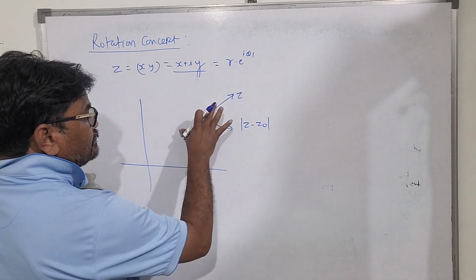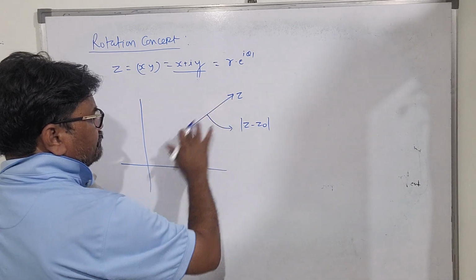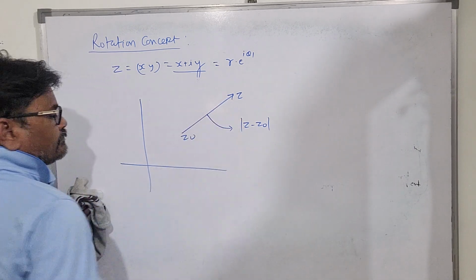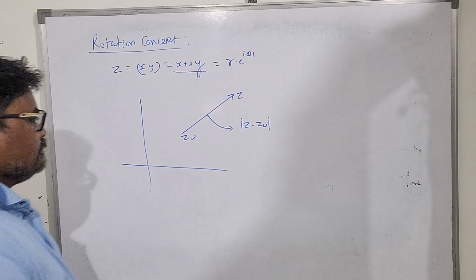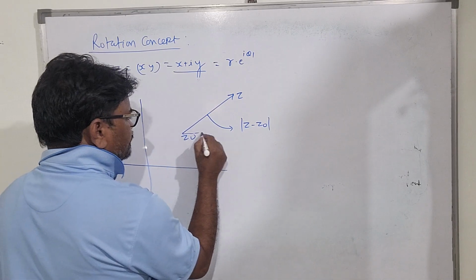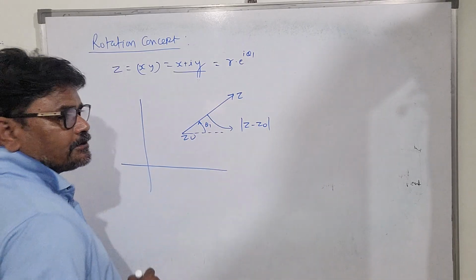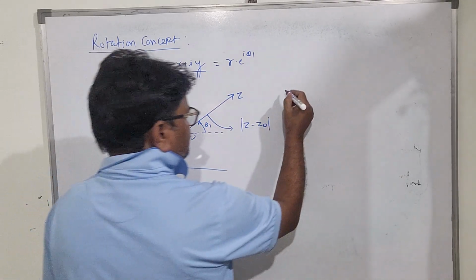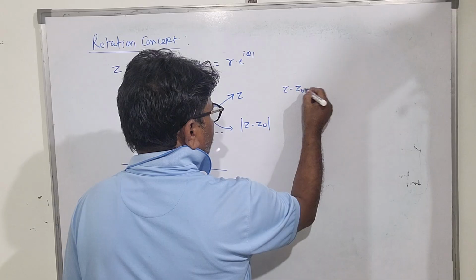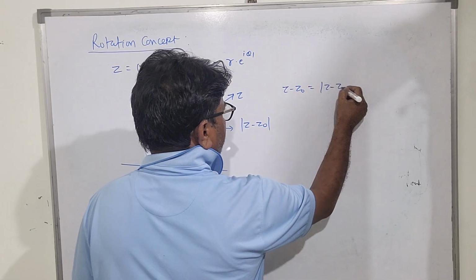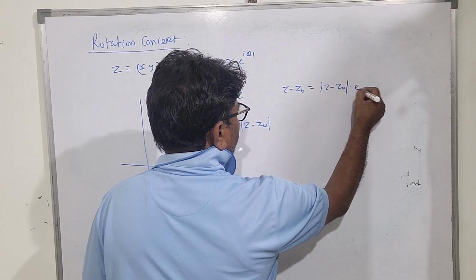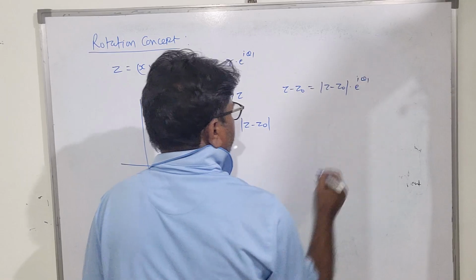If suppose it is making angle theta 1 with the positive direction of the x-axis, then this vector z minus z naught is given by the magnitude of z minus z naught times e to the power iota theta 1.